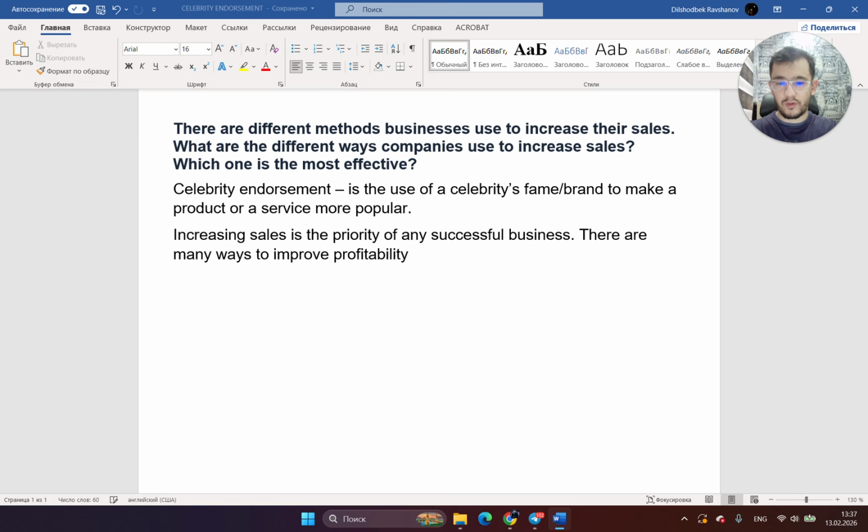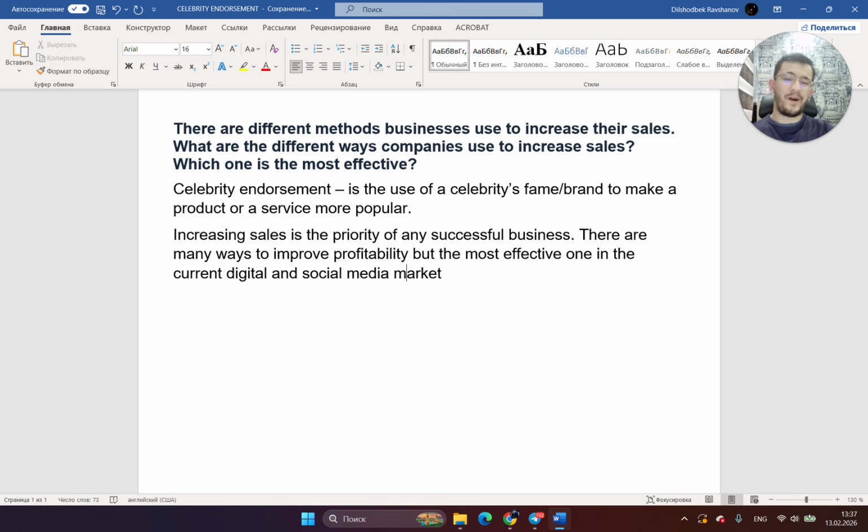So there are many ways to improve profitability, but the most effective one in the current digital and social media market, maybe I don't need to say that. Why am I talking about the market now?